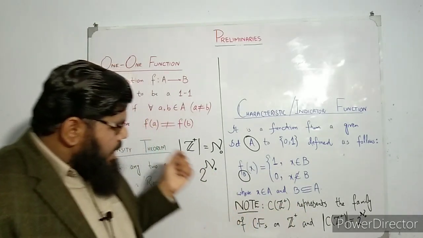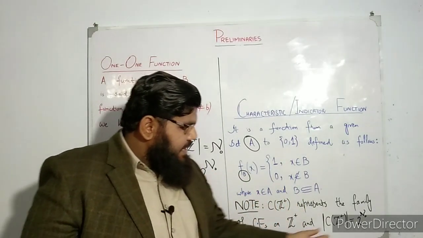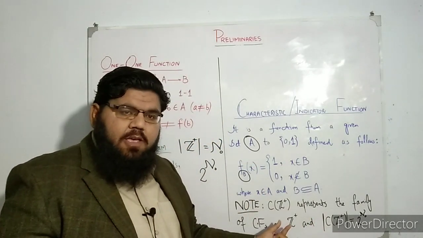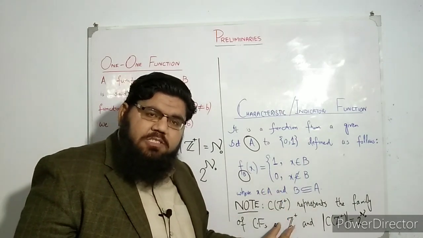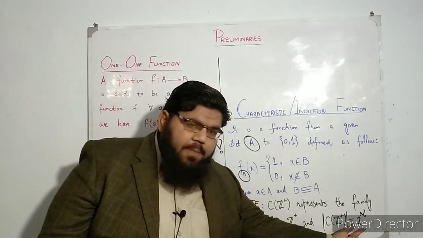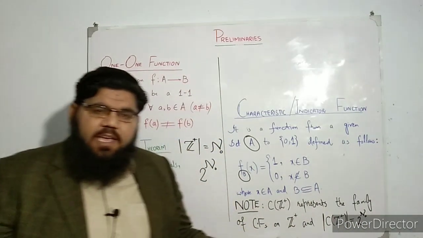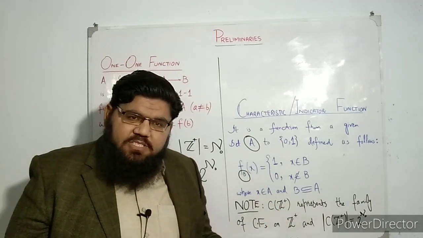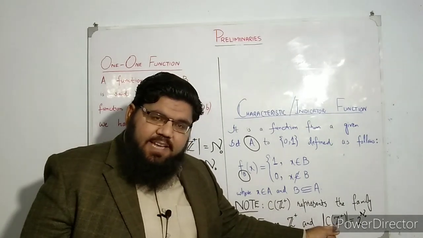Okay, so finally from here we say that the cardinality of this class of functions over Z positive, I mean the set of positive integers, will be 2 to the power aleph naught, because this class of functions contains all possible characteristic or indicator functions defined on this set.